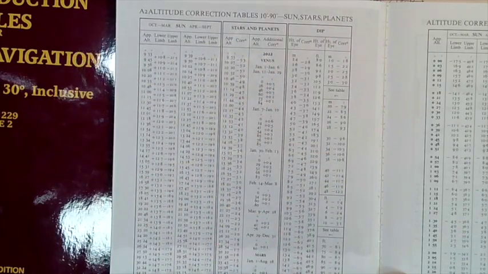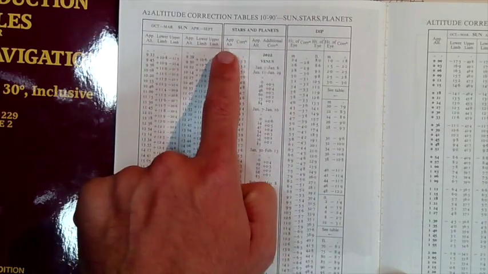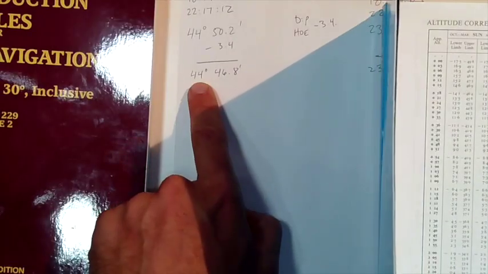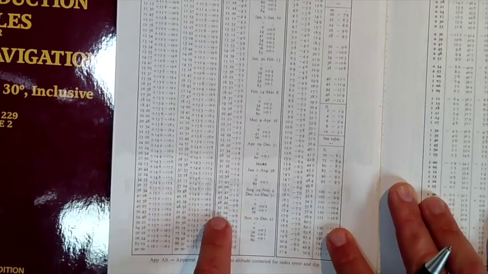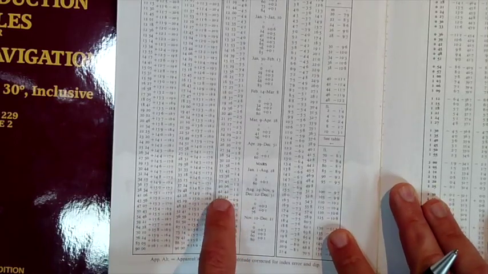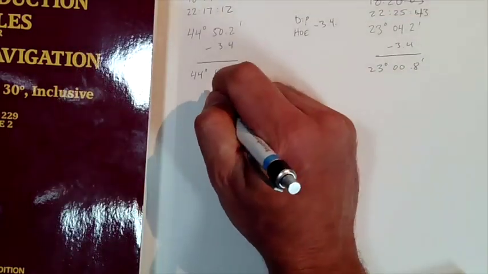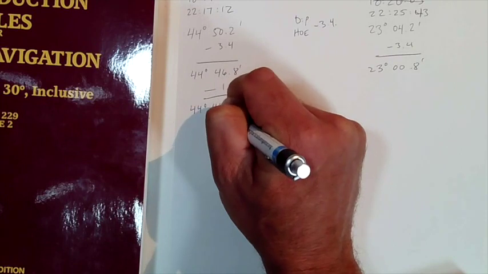There's no Jupiter corrections, which is good. So everything is going to come out of this column. I'm going to take my apparent altitude and pull the correction from it. So the apparent altitude of Jupiter is 44:46. So I'm going to go down to 44:46. There's nothing there, but I see that in between these two values, there's a -1.0 correction. So that makes this 44 degrees, 45.8 minutes.